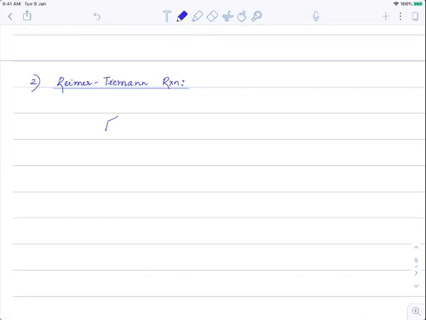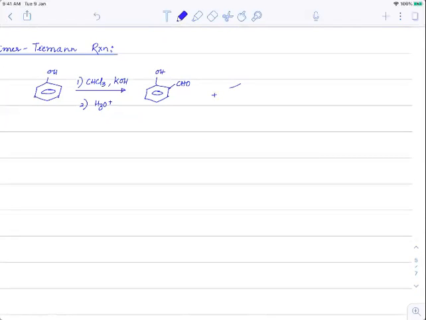The basic reaction, if I write the overall reaction here, is that phenol, when you treat it with CHCl3 in the presence of KOH and H3O plus, will give us OH and CHO here plus OH and CHO. This would be the major amount and this would be the minor amount.